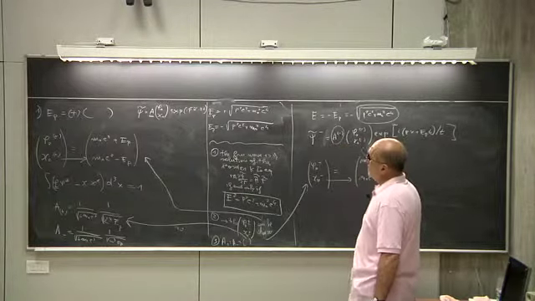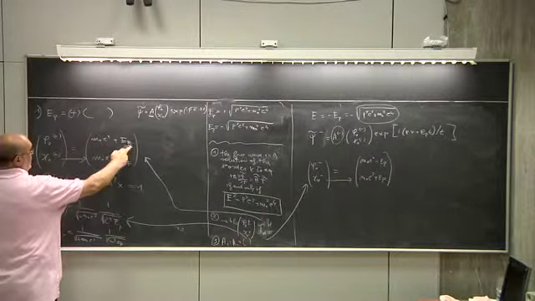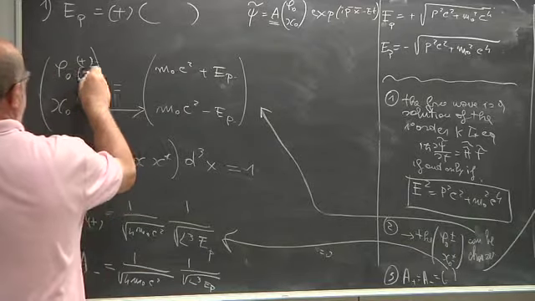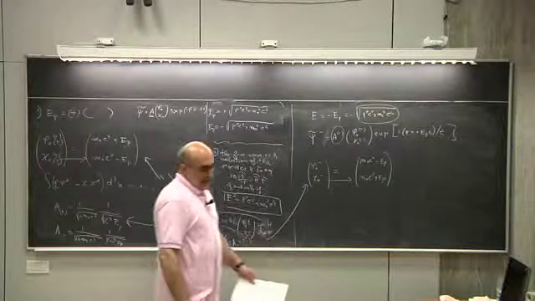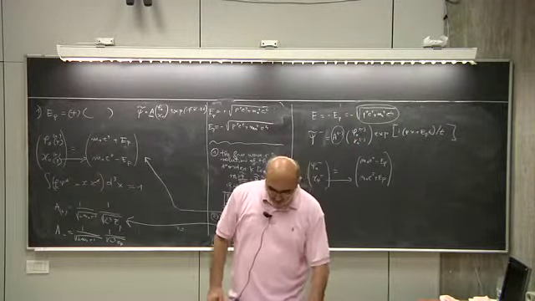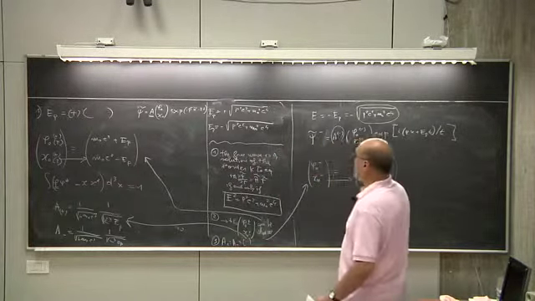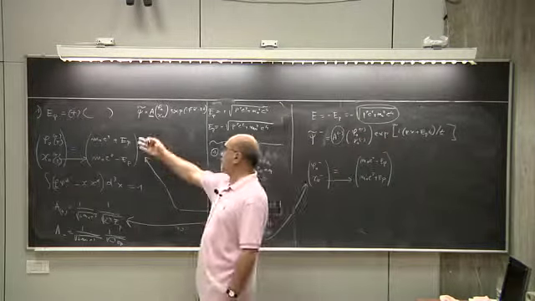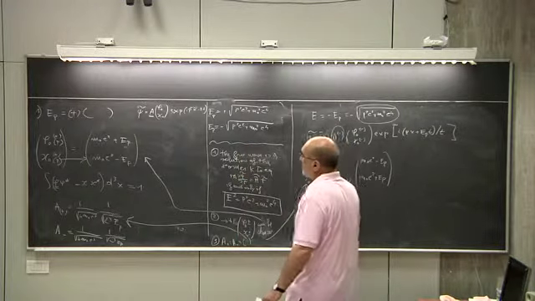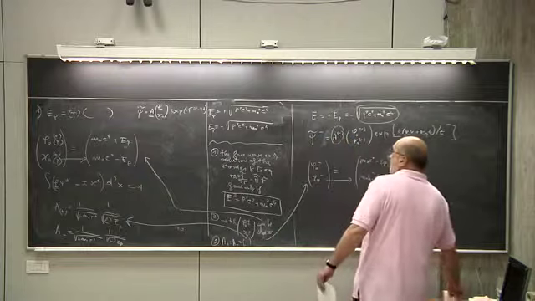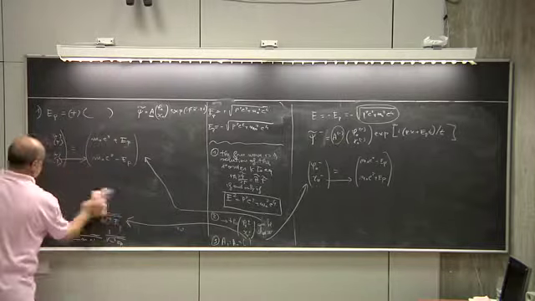Now, note that phi 0 and chi 0 depend on E and actually on P, so these are functions of P, a particular function of P. The important thing is, of this free wave, if I take the non-relativistic limit, I mean, nobody can remember this expression. So one important thing is, if we take the non-relativistic limit, what do we get? So I will cancel this for the moment. Just keep this.